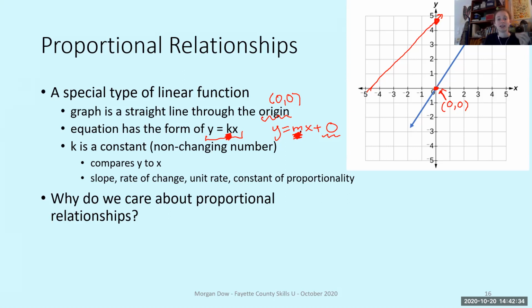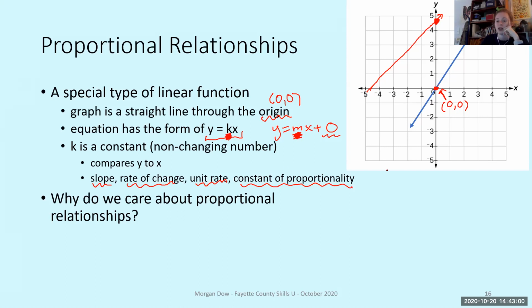So k is a constant, a non-changing number. It's a comparison of y to x, and you can think of it as the slope, the rate of change. In the case of a proportional relationship, it also happens to be the unit rate or the constant of proportionality. So that is something special about proportional relationships: the slope is a little bit easier to calculate.